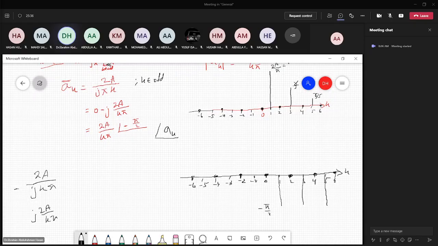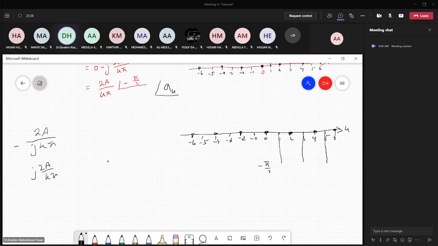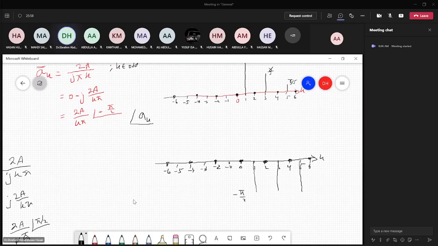So the magnitude will be exactly the same, 2a over k pi, but the angle is equal to pi over 2. So when k is negative, we get exactly the same magnitude, and zero for even, but the angle is positive pi over 2.